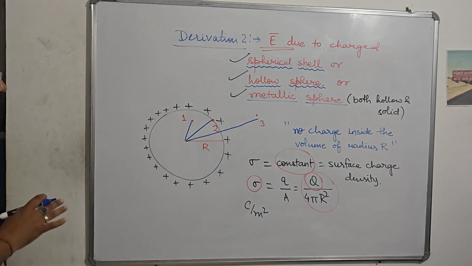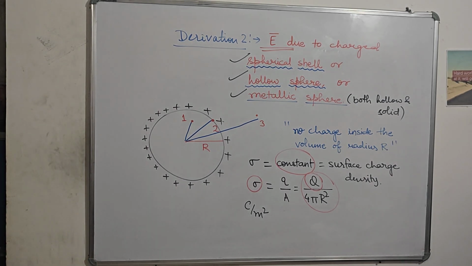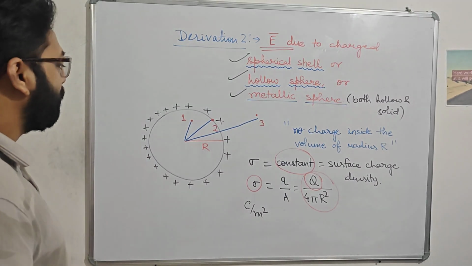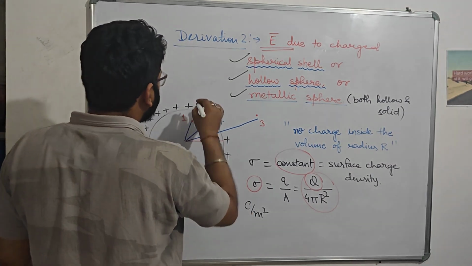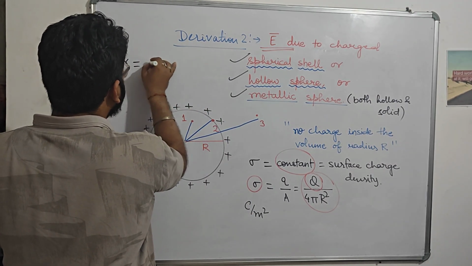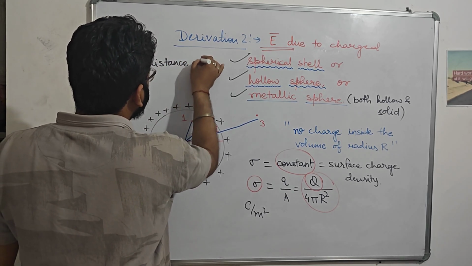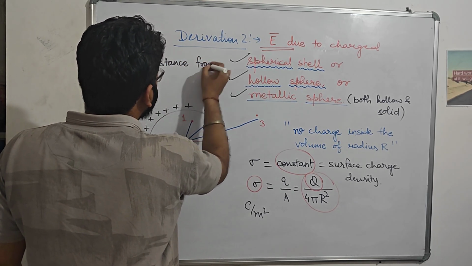Accordingly we will discuss the values of electric field here. Let us put a common expression, that is small r. Small r is equal to the distance from the center.